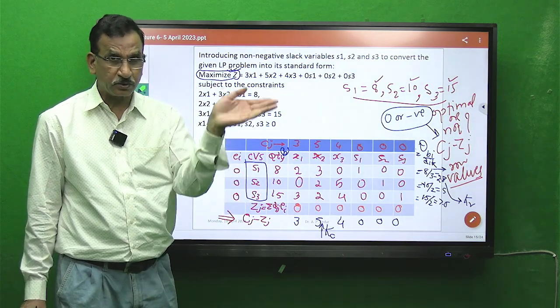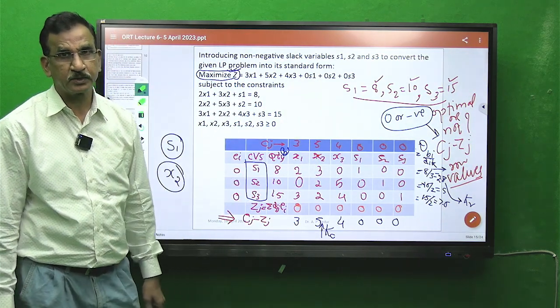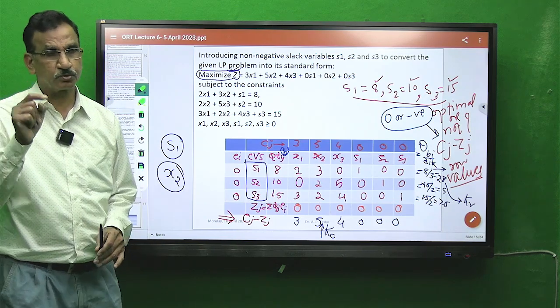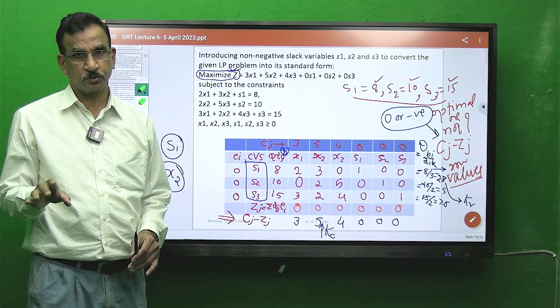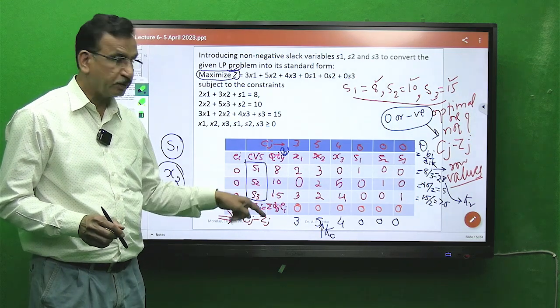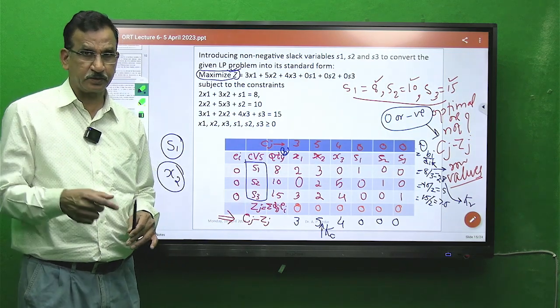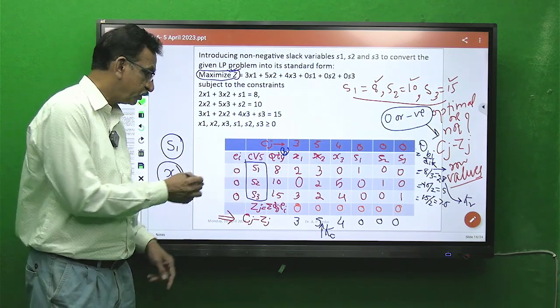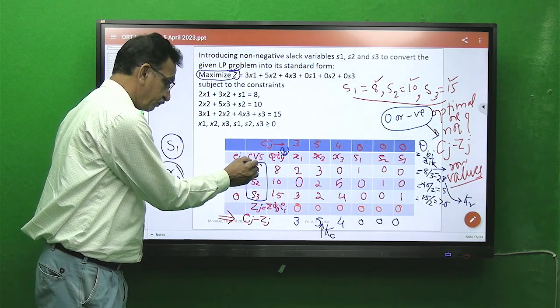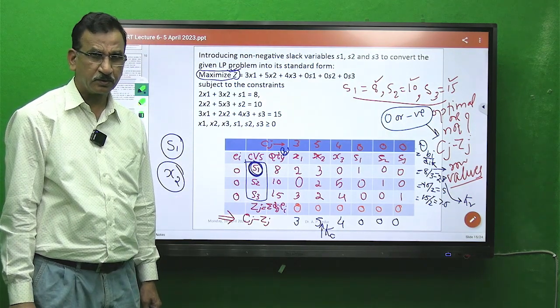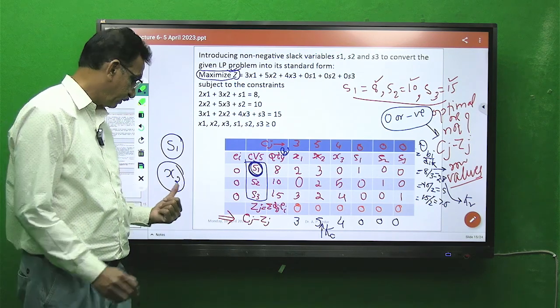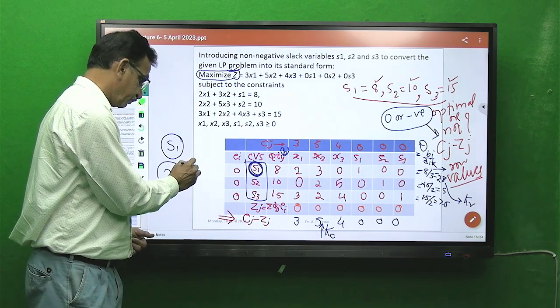Then in the next iteration, what was our first solution? S1, S2, S3, 0, like 8, 10, 15. Now in the second iteration, the place of this S1 will be taken by, guess, X2.